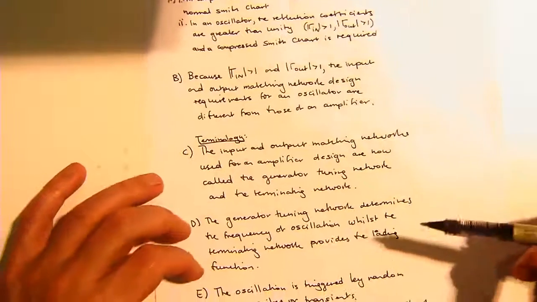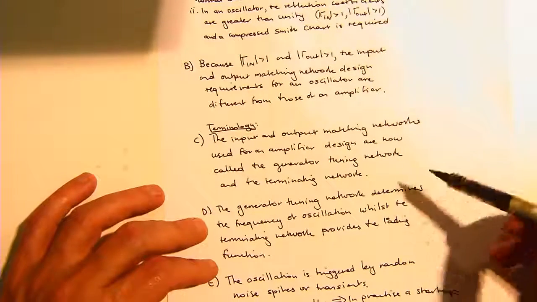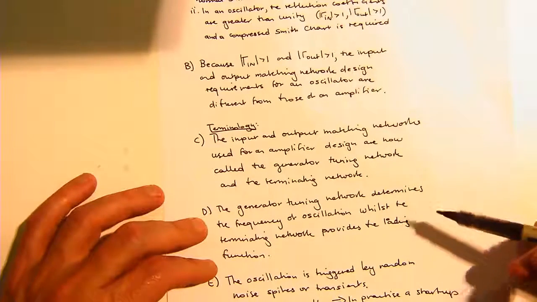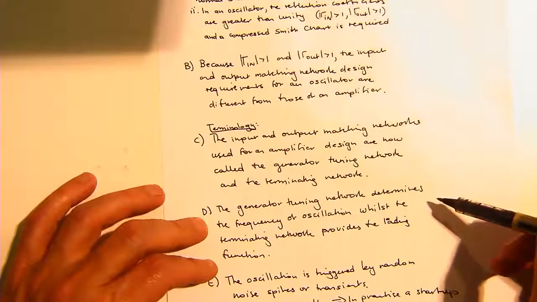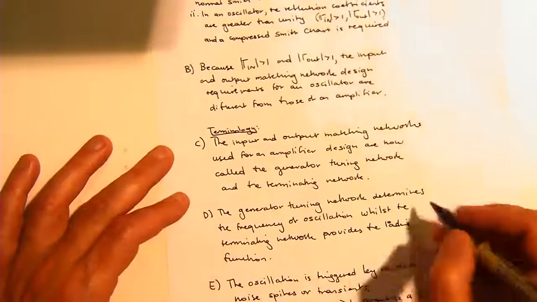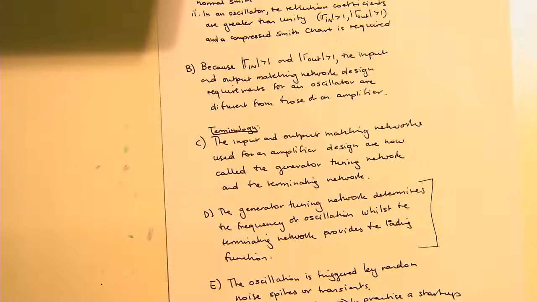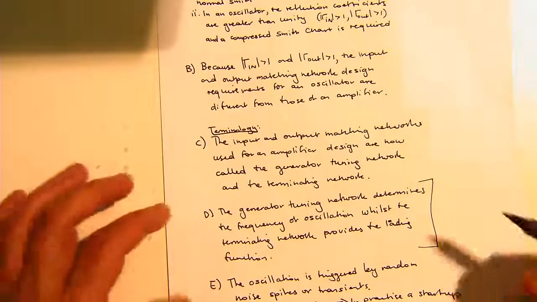Now, the important thing here is that the generator tuning network determines the frequency of oscillation, so this is an important point. Here I'm using the scattering matrix approach to design this oscillator.